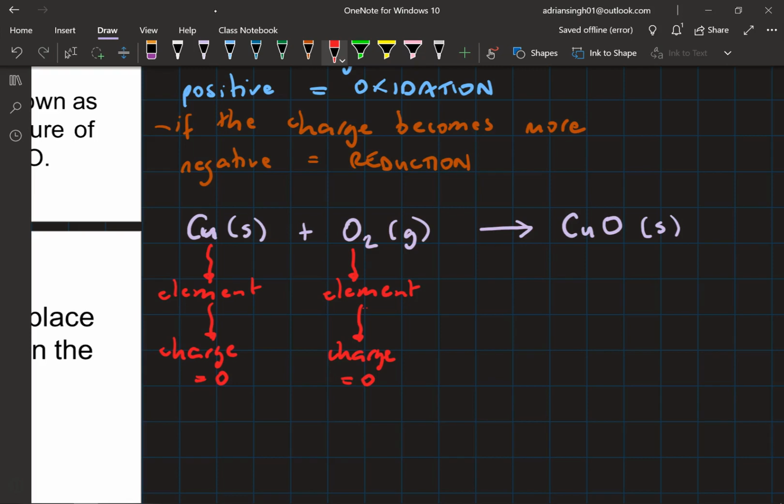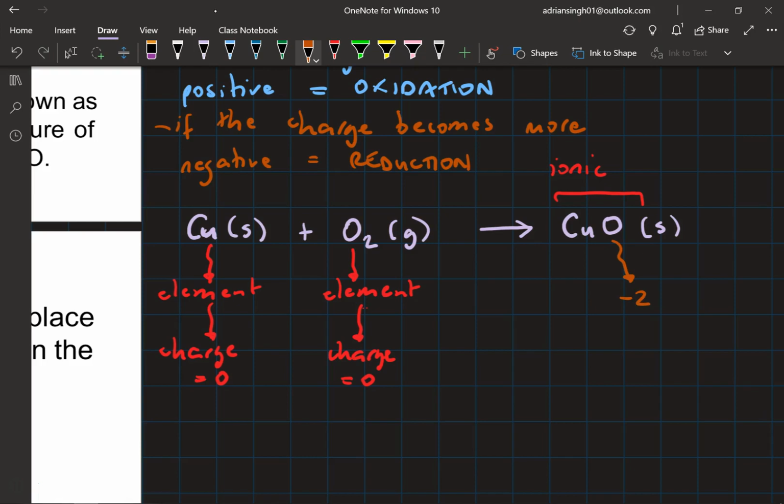Now they combine to form our ionic compound CuO, and now we can use what we learned in the previous chapters about ionic compounds. This is an ionic compound because there's a metal and a non-metal, and ionic compounds are made up of ions. Oxygen, because it's in group 6, would normally form a -2 charge.